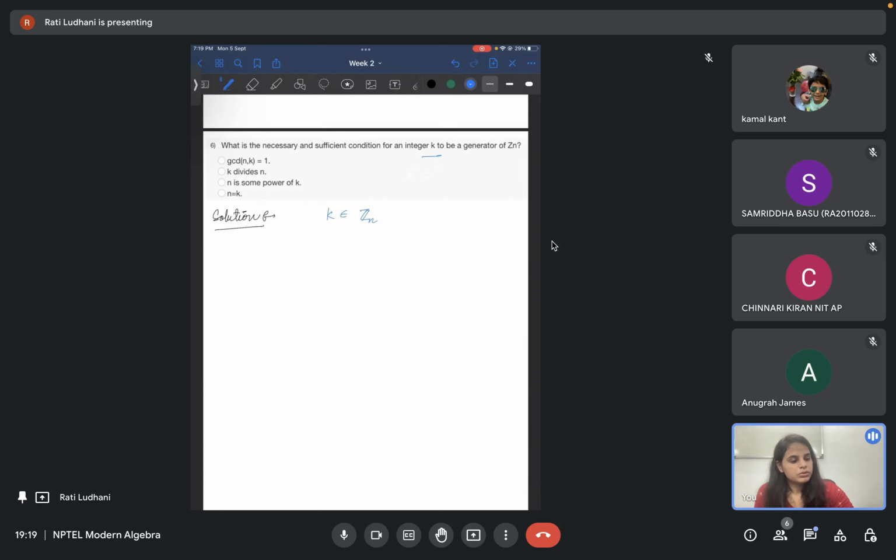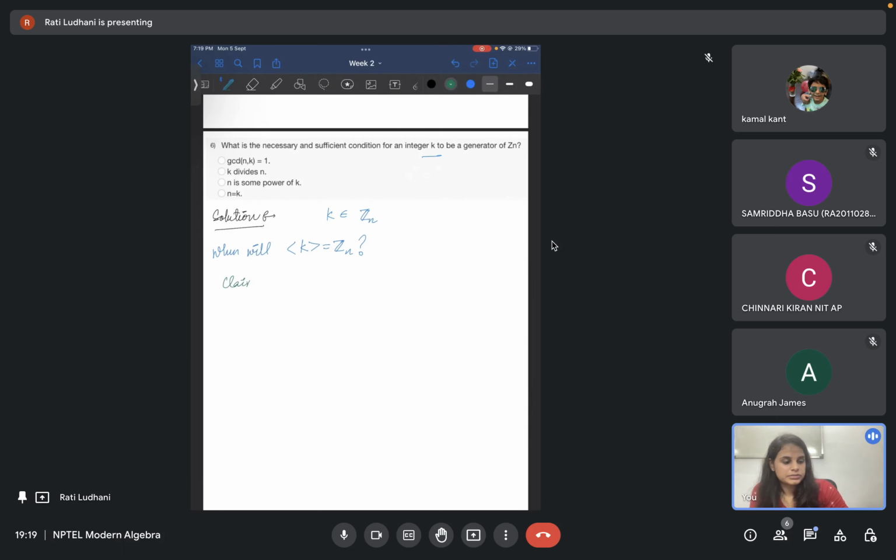Now the question is asking, if you generate by k, this is equal to Zn. When will it happen? So this is your question. What k do you choose such that if you generate by k, then you will get full Zn? That is your question.